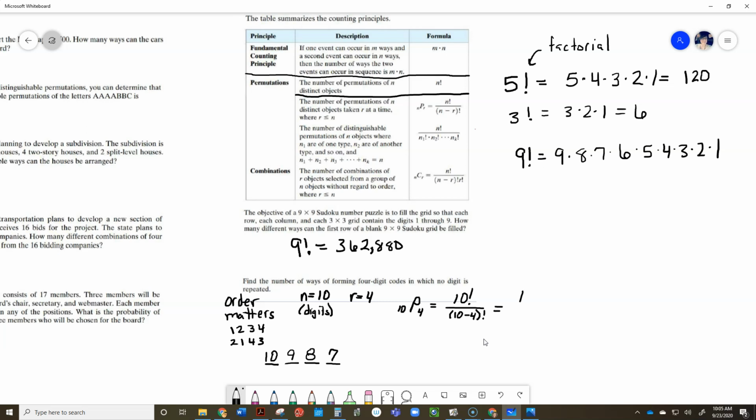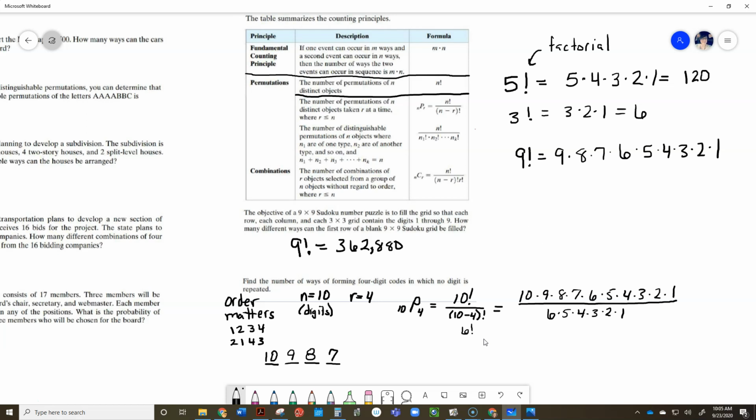So what that looks like is 10 times 9 times 8 times 7 times 6 times 5 times 4 times 3 times 2 times 1 all over 10 minus 4, that's 6, over 6 factorial. So 6 times 5 times 4 times 3 times 2 times 1.